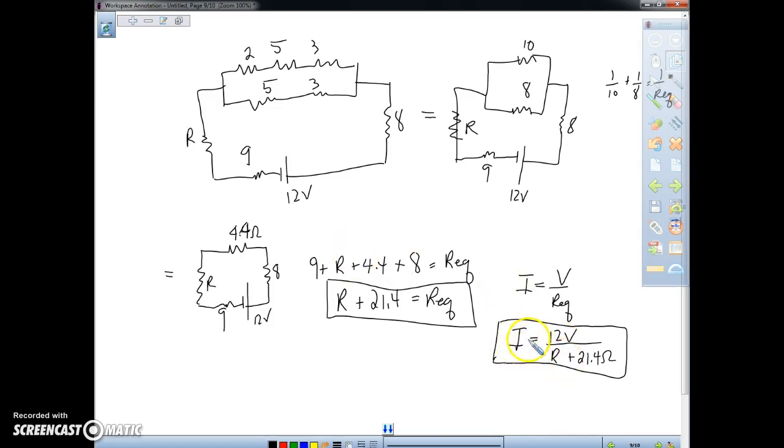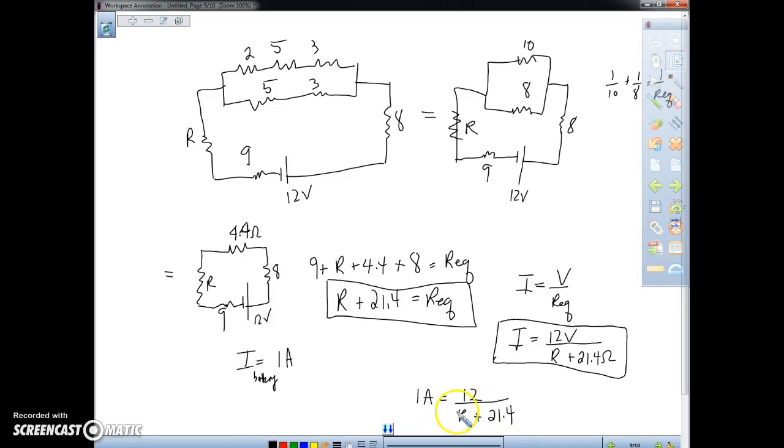If they did give you a current and just throwing one out there, say well, it was 1 amp, then we could solve this problem. So if we knew the current in the battery was 1 amp, of course I'm making this up, it's not in the problem. The way we would solve it would look like this. We have 1 amp is equal to 12 over R plus 21.4.